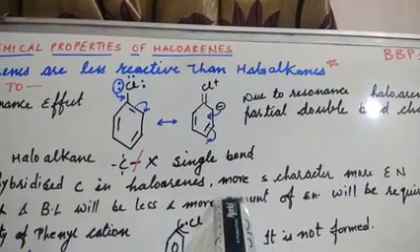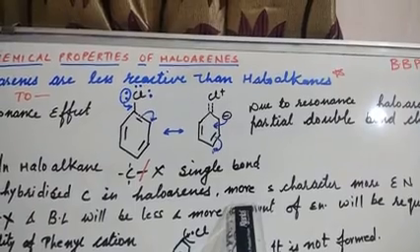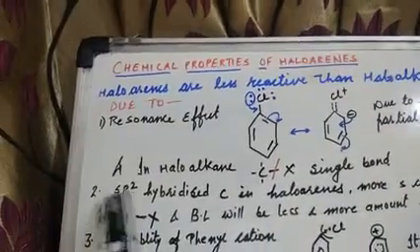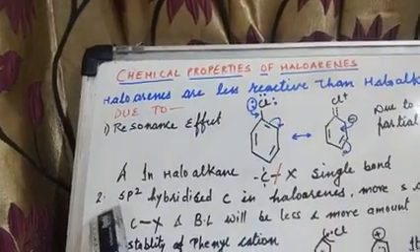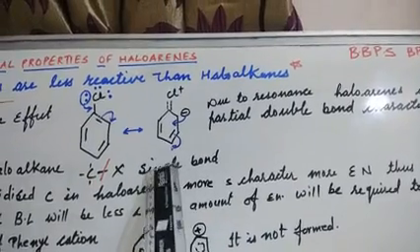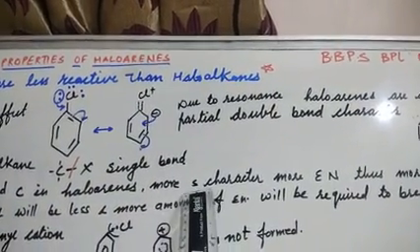But in sp2, S character is 33% and P character is 66%. 2 P and 1 S. So here more S character is there in comparison to haloalkanes. वहाँ 25% था S character, यहाँ 33% हो गया.